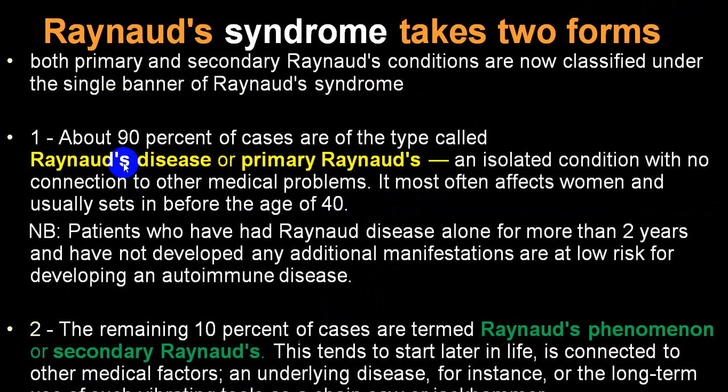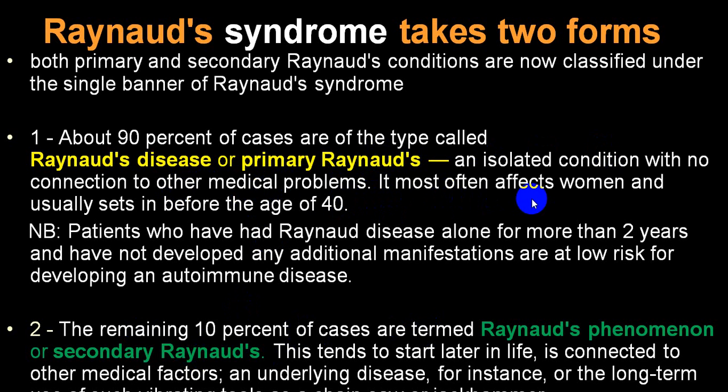Basically, 90% of people will have Raynaud's disease, or primary Raynaud's, and 10% will have Raynaud's phenomena or secondary Raynaud's. Primary Raynaud's is an isolated condition with no connection to a medical problem.